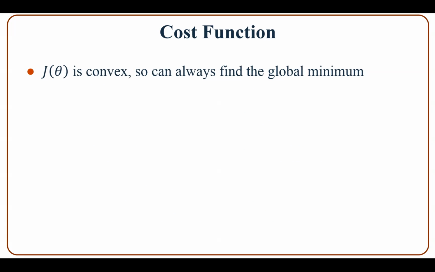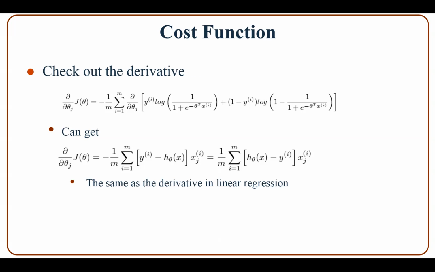A nice property of this cost function is this: the cost function is convex, so we can always find the global minimum. If we take the derivative of the cost function with respect to the parameter theta j, after several steps we can get to this, and this is actually the same as the derivative in linear regression.